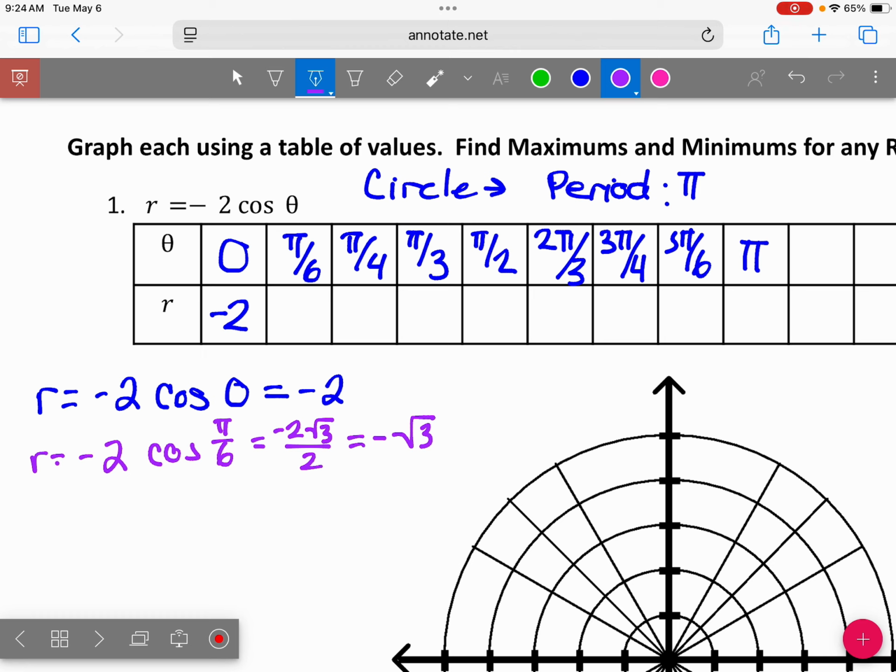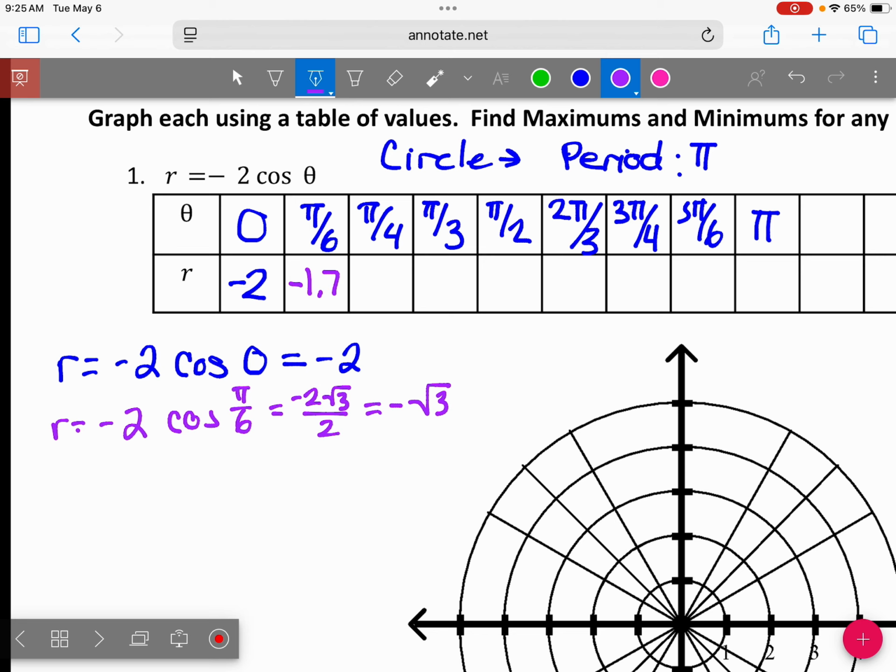Negative, yes. -1.7. 1.7-ish. Look, you did it. So negative square root of 3 is technically more accurate.